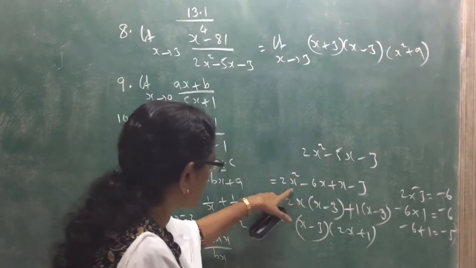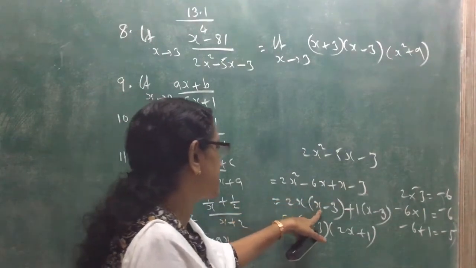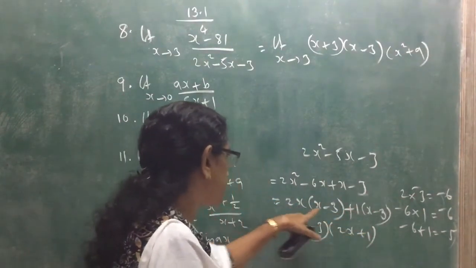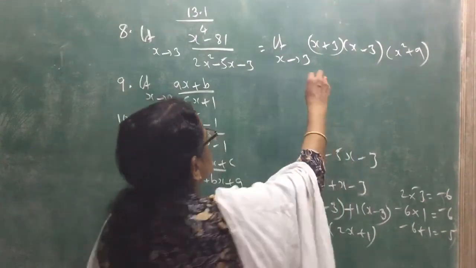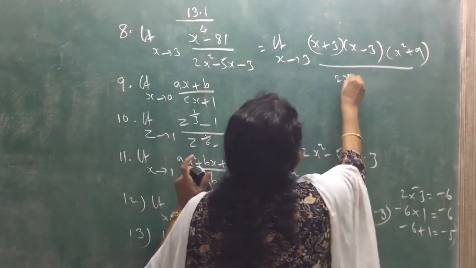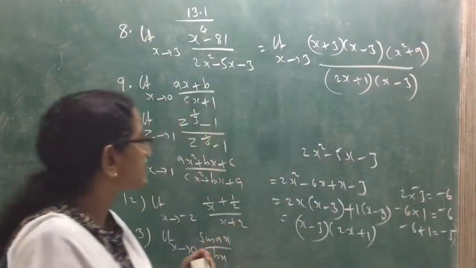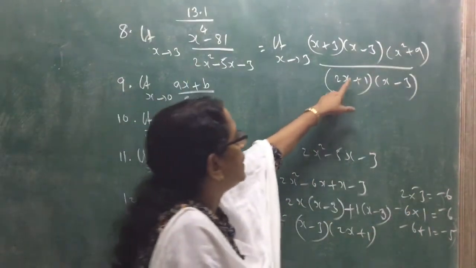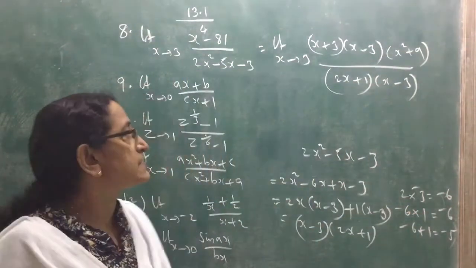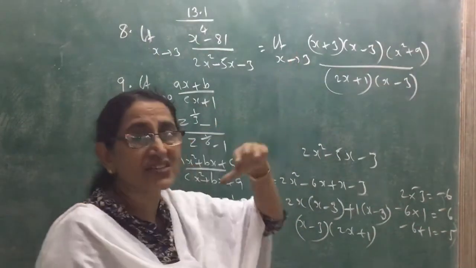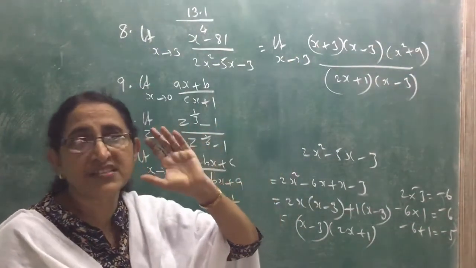So we got 2x common into x minus 3 plus 1 into x minus 3, so 2x plus 1 into x minus 3. So this is divided by 2x plus 1 into x minus 3. So we factorized numerator and denominator. Now we can cancel, since as x tends to 3 means x is not equal to 3.